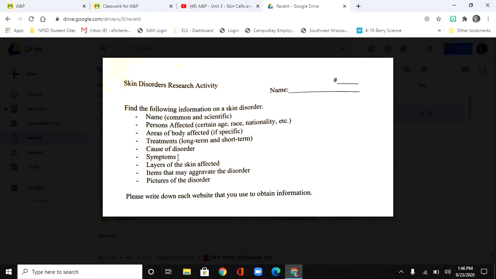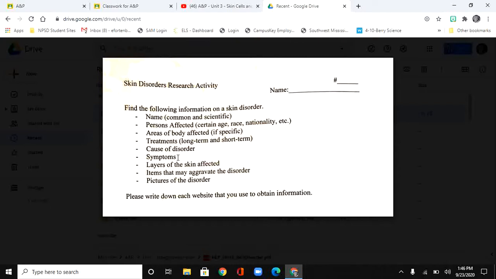So, like I said, normally you would do this on a poster, but since we are going virtual with a lot of our assignments, I thought the best way to do this would be to do a Google slide presentation. So you're going to create a slide presentation. You're going to do one slide for each one of these information bullets, okay? You, of course, can jazz it up however you want to. Just try to remain professional.